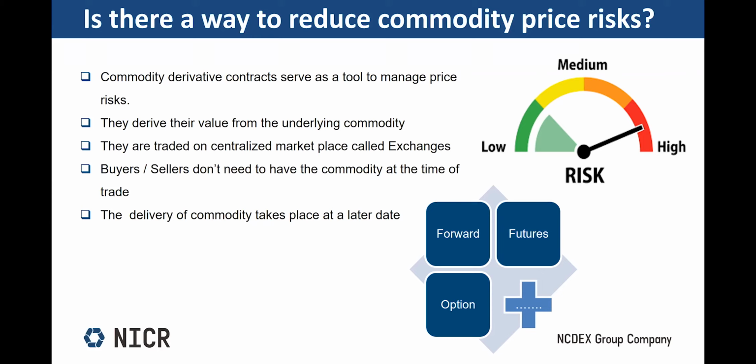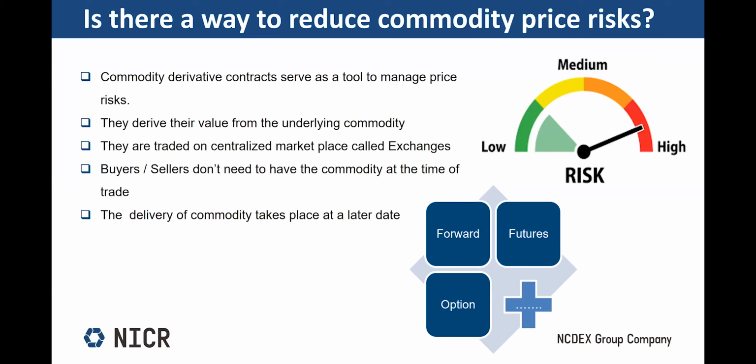That is why it is known as commodity derivatives, because they are traded on an exchange. The ownership gets exchanged. The buy and sell happens through an online centralized marketplace. They are called exchanges, and they are leverage instruments. So at the time of trade, at the time of agreement to buy or sell, you need not have the commodity in stock.